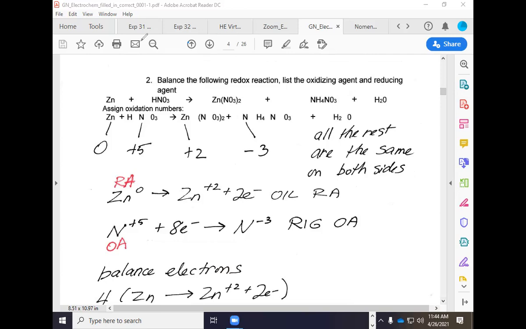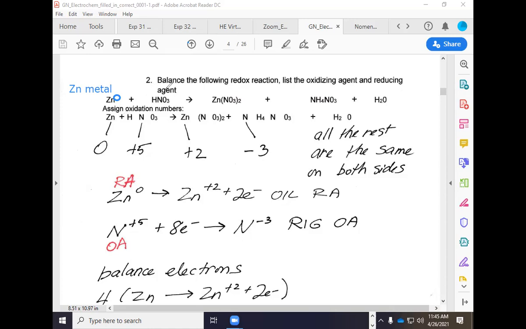Okay, so remember, this is zinc metal. If it's zinc metal, it has an oxidation number of 0. I spaced them out so you could see.